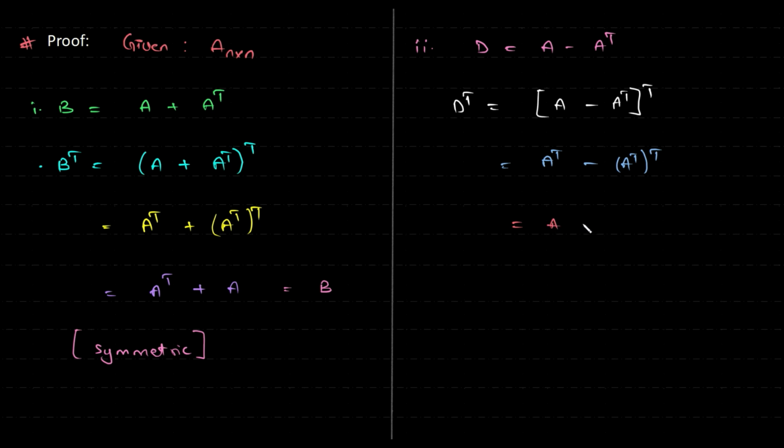So A transpose minus A. If I happen to take the negative sign out, I'll get the following result. And this is same as our original D. So D transpose happens to be minus 1 times D. That is nothing but indicating it is skew symmetric. And that's our proof.